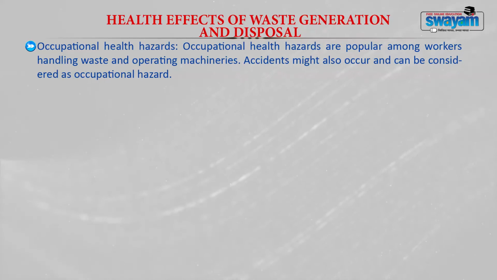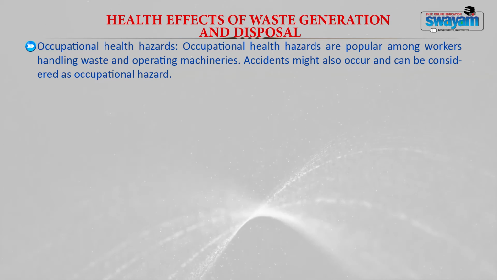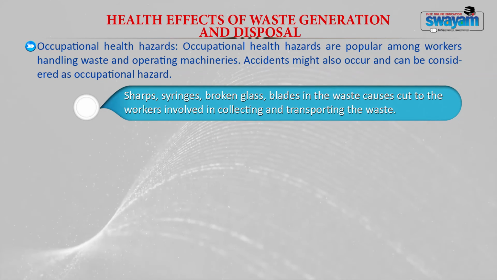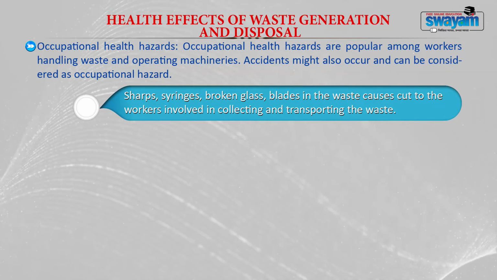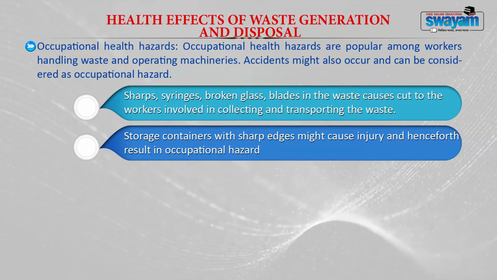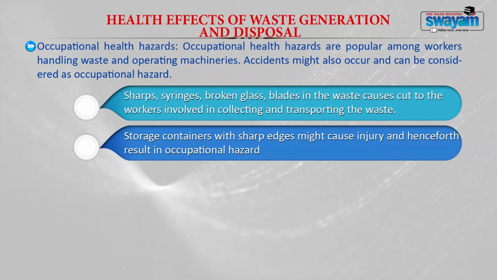You will have a lot of blades, erasers, and broken glass. So a person collecting the waste tends to get cut. Sharps, syringes, broken glass and blades in the waste cause cuts to the workers involved in collecting and transporting the waste. Storage containers, if they have sharp edges, can also cause injury to the people handling the waste.